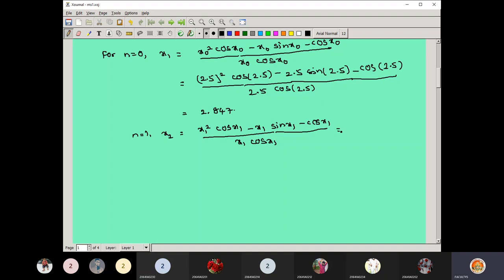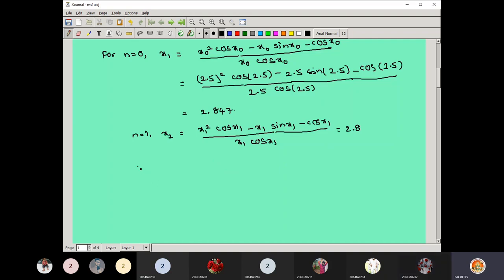I'm getting 2.8. How much are you getting? So for n equal to 1, the x2 value is 2.8. A little bit of difference is there.